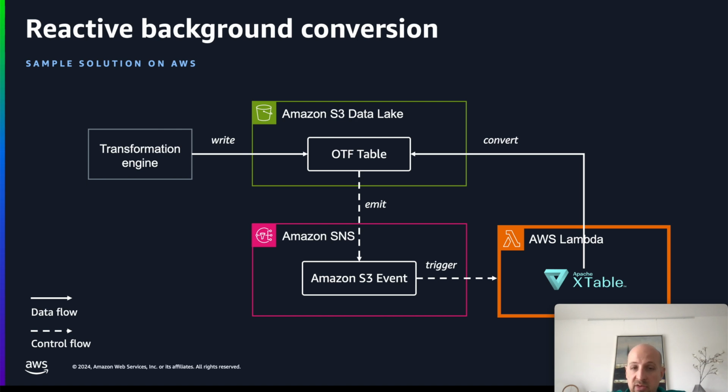If there are no changes to the source table, no component runs. This is really great for building a reactive conversion mechanism, for instance for a streaming use case, where we don't have a specific point in time where you could invoke a conversion step, like in a synchronous data pipeline, and where you want to do something in the background just for that.